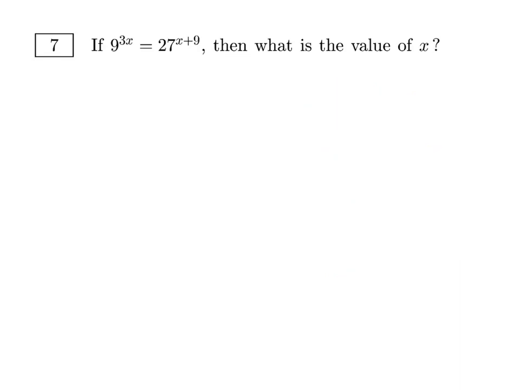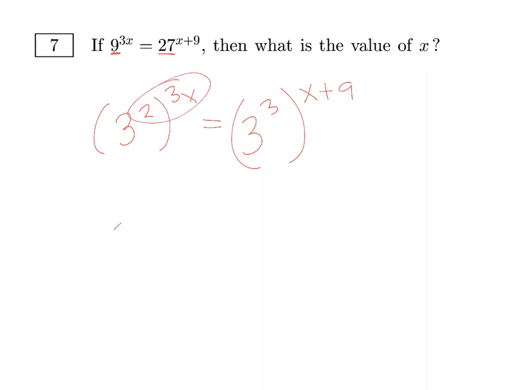Okay, then what is the value of x? All right, so here I have an exponent problem. I need to get the bases to be the same. So how can I get the same base? It's going to be 3. So 9 I could rewrite as 3 squared. And then 27 I could rewrite as 3 to the 3rd. All right, so now I'm going to multiply the powers.